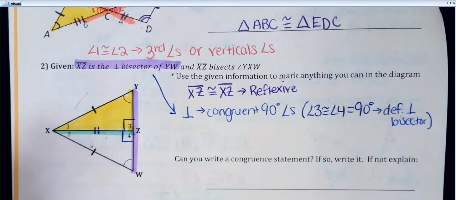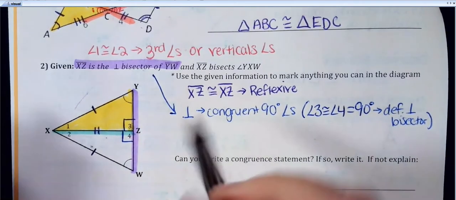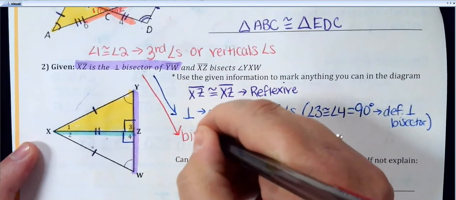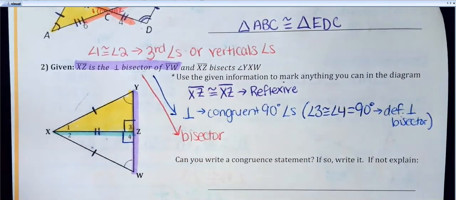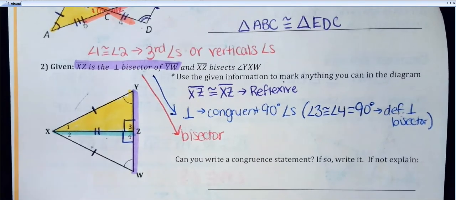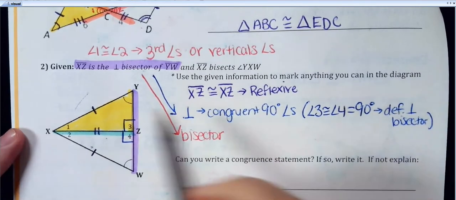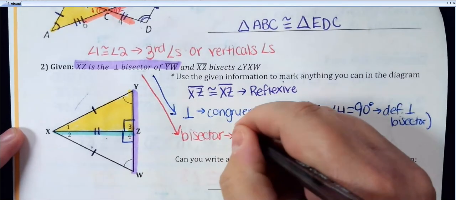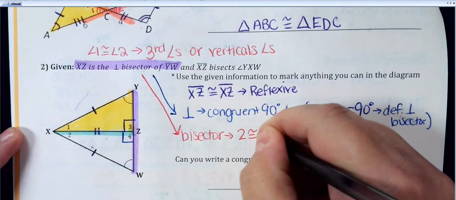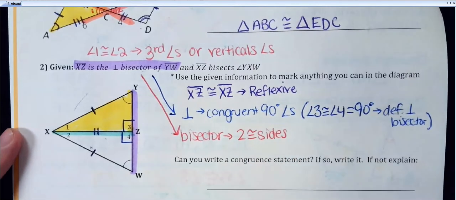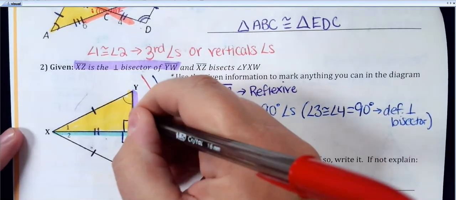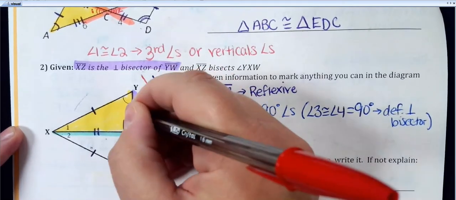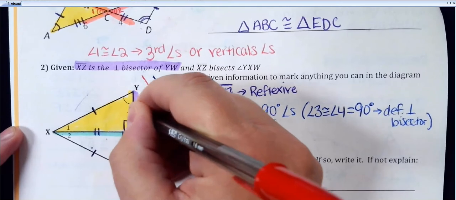What I can also have from that perpendicular bisector, the bisector part: if you have a bisector, it cuts something into two equal pieces. So if I'm bisecting a segment, this is going to give you two congruent segments or two congruent sides. In this particular picture, XZ is a bisector of this line I have in purple, so it's going to cut it into two equal pieces.